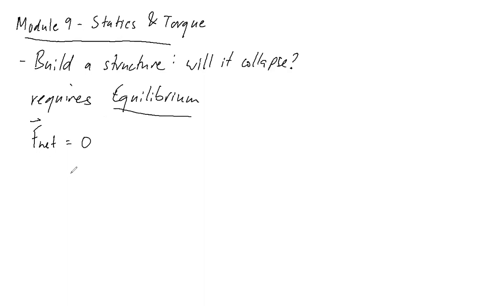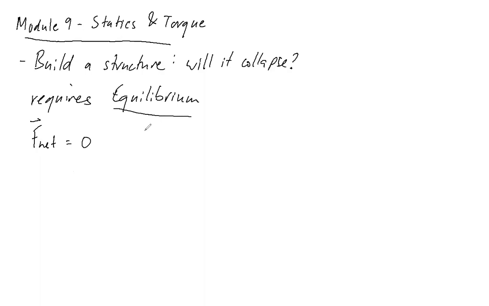So the net force is equal to the mass times the acceleration. But if the net force is zero, then that necessarily means that the acceleration is going to have to be zero. So a system that is in equilibrium is not a system that is accelerating. And so if you construct a structure and you ensure that the net force on that structure is zero, then that structure will be in equilibrium and it will probably not collapse.